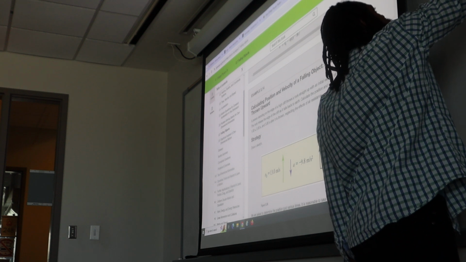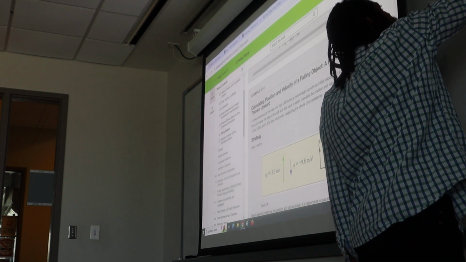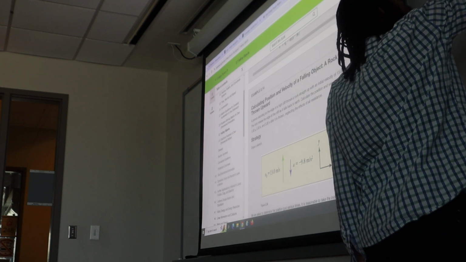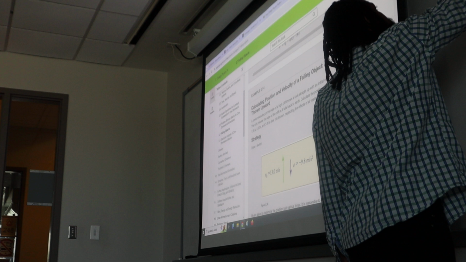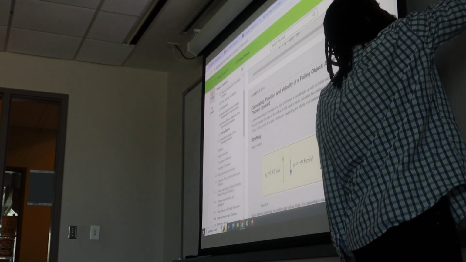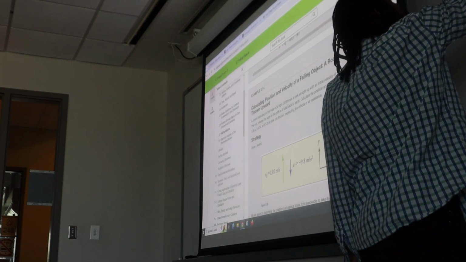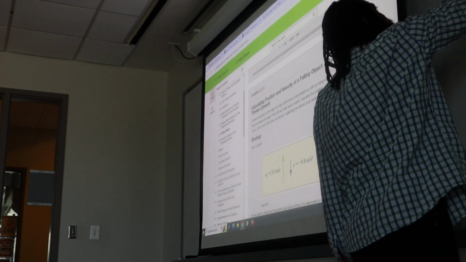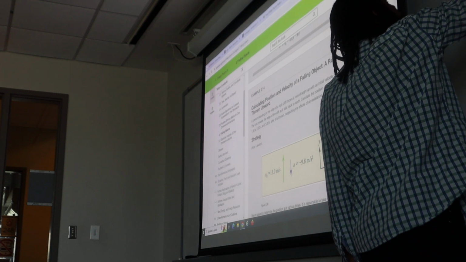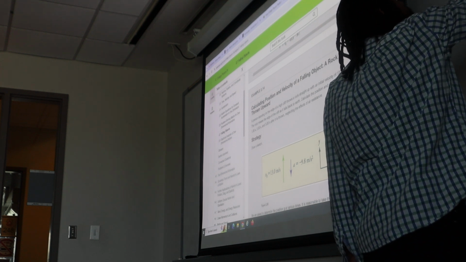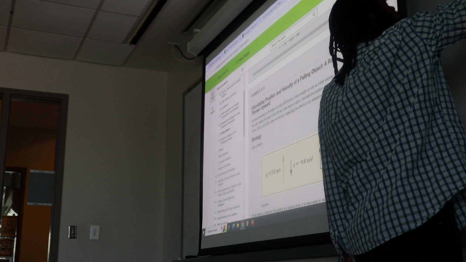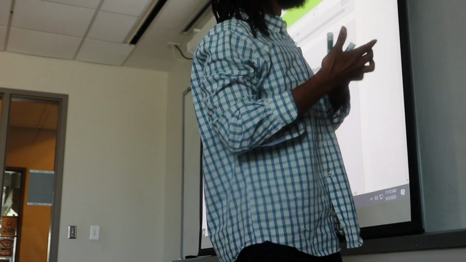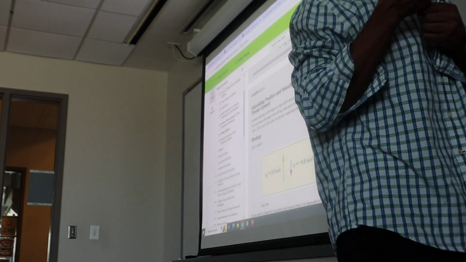And then 2, that's unknowns. 3. Let's look at our equation. Units. 4. Solve. Reasonable. All right. So I just put that up there just in case we go through any questions.